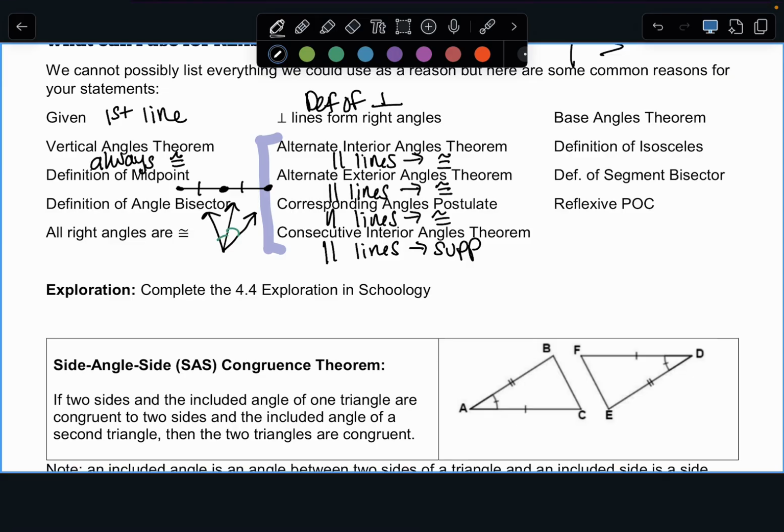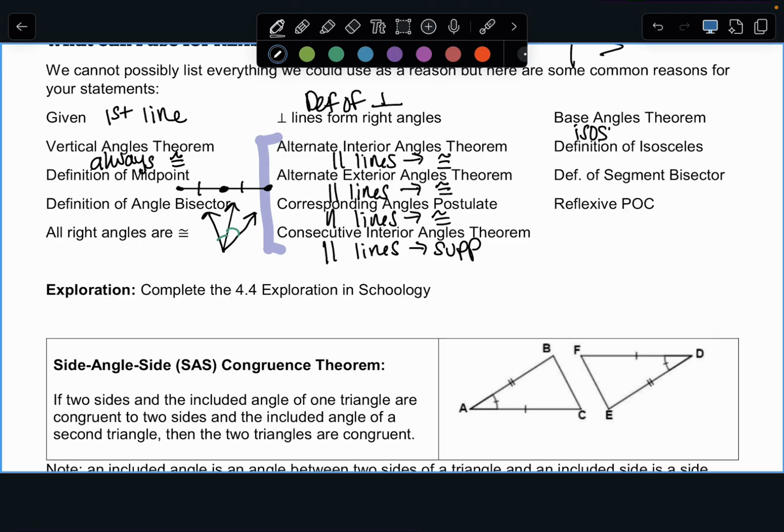Base angles theorem. Does anyone remember what that one is? We talked about it on Friday. Not quite. Not add to 90. That's triangle sum, which we're not going to use a lot in proofs, but good thing to know. It has to do with isosceles triangles. Isosceles triangles have two congruent sides, so how many congruent angles?